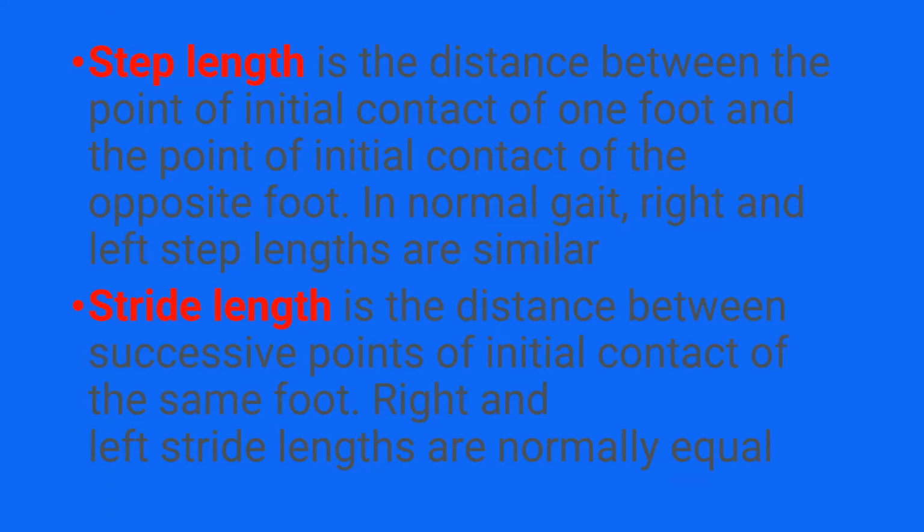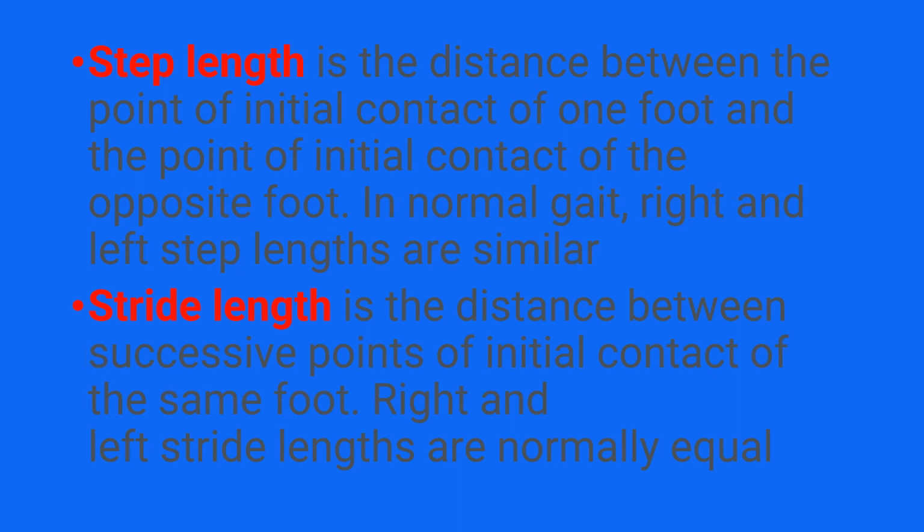So, the step length is the distance between the point of initial contact of the one foot and the point of initial contact of the other foot, from heel to heel. In normal gait, right and left step lengths are similar.